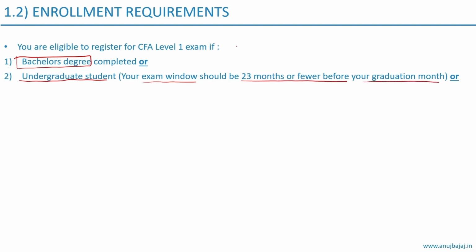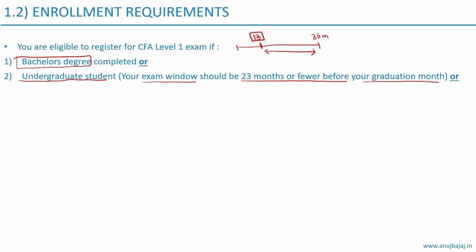That is, suppose your bachelor program is for 36 months, then you should ensure that your exam window is 23 months or fewer before your graduation month. That is, you should have completed at least 13 months before you appear for your exam.